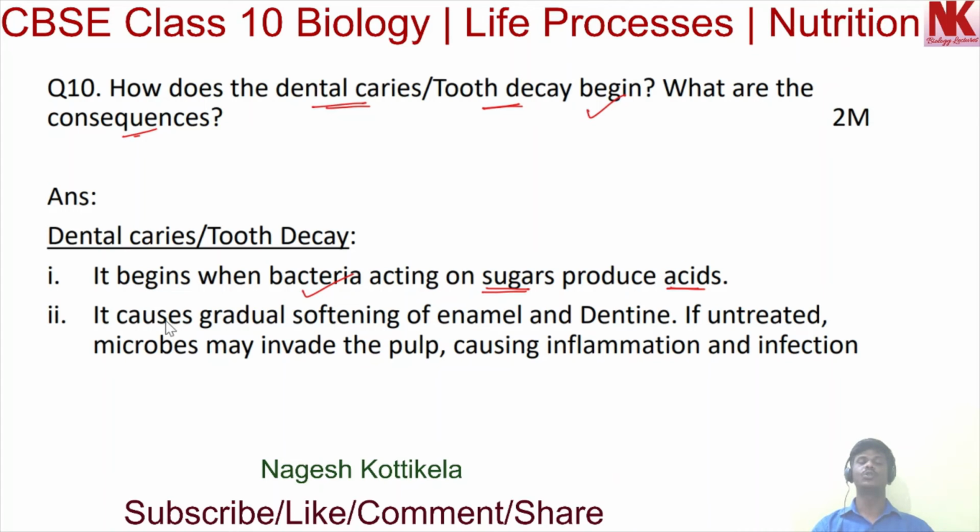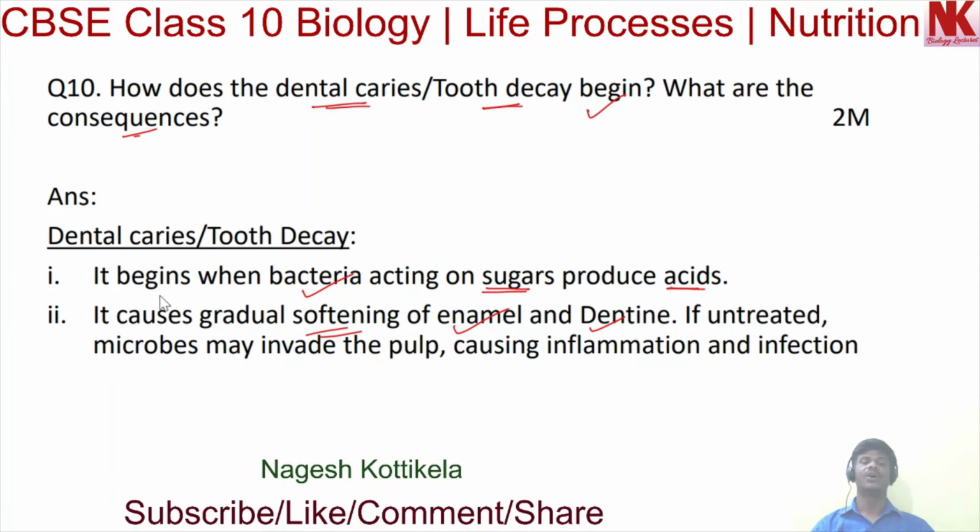Tooth decay: these acids, which are produced by the bacterial action, can cause gradual softening of enamel and dentine. Now, enamel is the hardest substance. Remember, important.